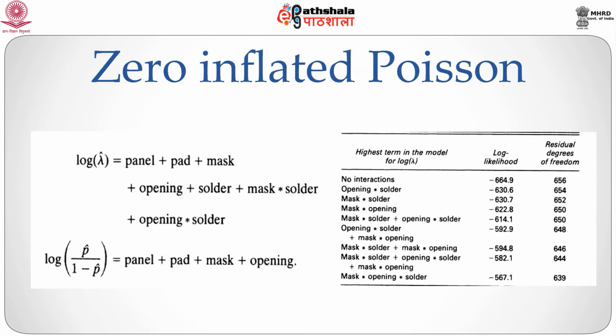So having worked out the theory, the author presents an application of the zip model to her data. Her model is given by specifying log lambda equal to panel plus pad plus mask plus opening plus solder plus the interaction mask solder plus the interaction opening solder.